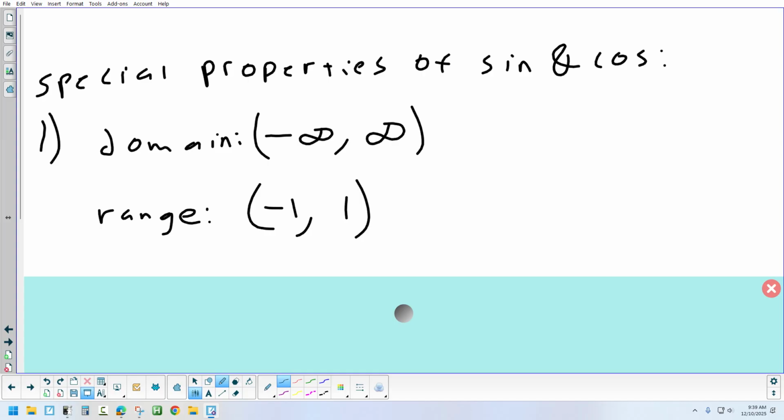Every other trig function is discontinuous. And what would you have in a graph that makes something discontinuous? Besides a hole, what else can make something discontinuous? An asymptote. What kind of asymptote?